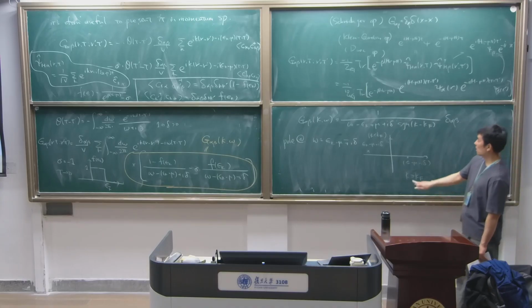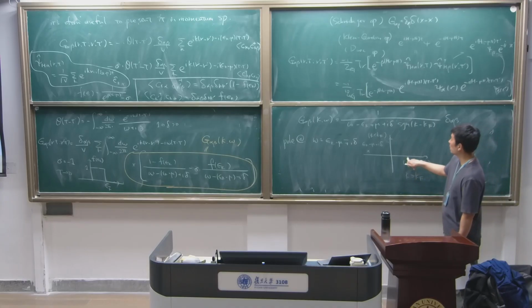So there's a pole at the lower half plane. Yeah, this is minus. Sorry, I got confused.